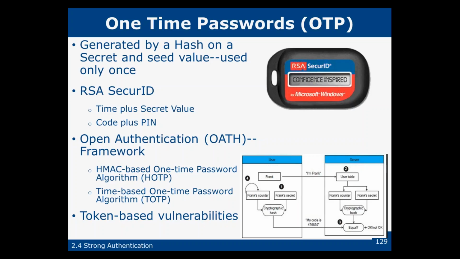They have to be synchronized. They usually are going to have a time component, and the time component, if you remember, is the thing that's going to prevent us from doing playbacks on these things. The RSA SecurID is time plus a secret value, and then we're going to have a code plus a PIN. All of these things are generally going to be two-factor authentication.